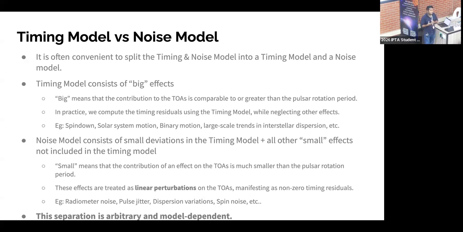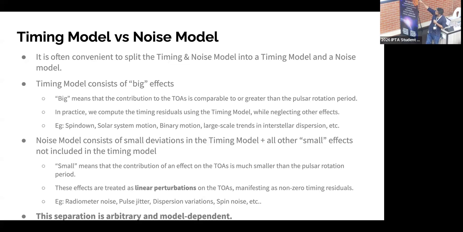That is of the order of 8 minutes, which is much greater than the period of any millisecond pulsar, which are of the order of milliseconds. So what we do in practice is take care of all of these big effects when we are doing timing, and then we calculate the timing residuals using the approximate timing model while neglecting the other small effects.